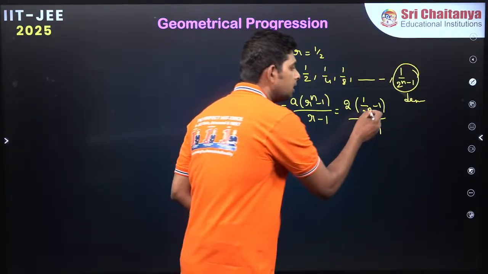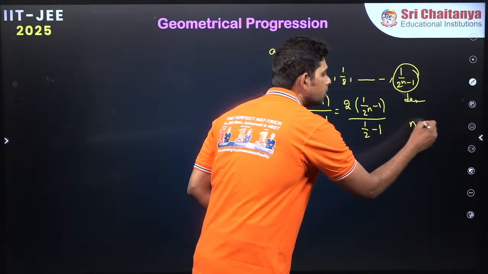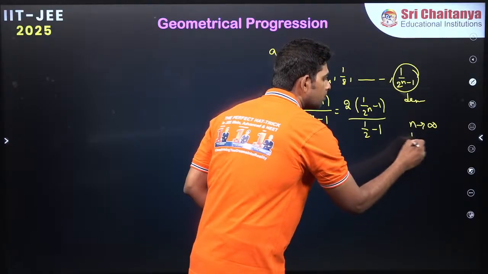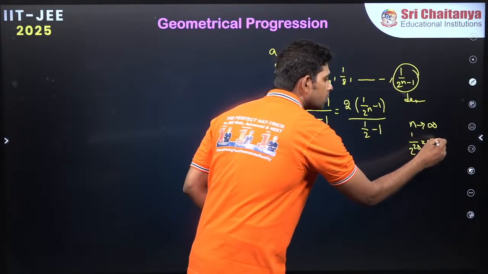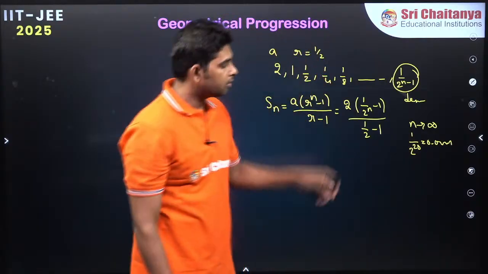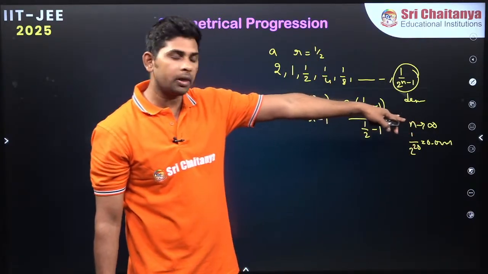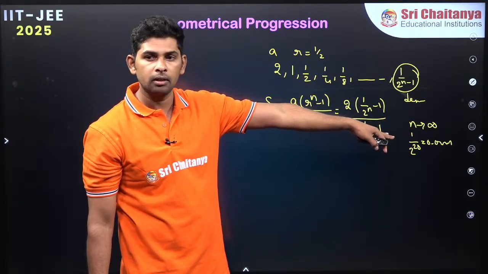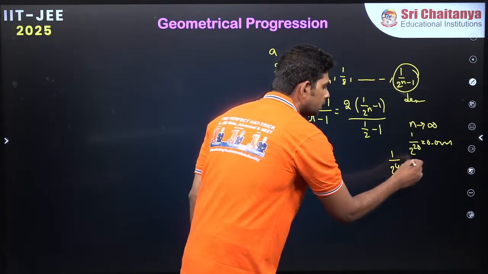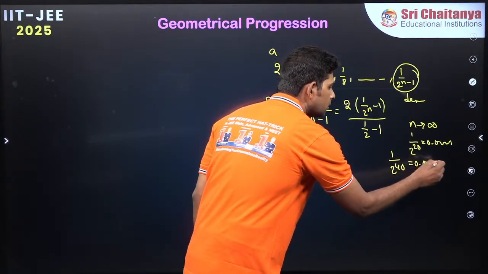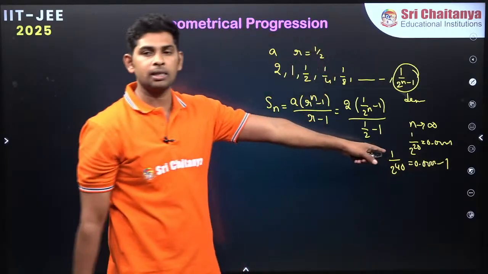So then n is tending to infinity. 1 by 2 power, let's say 20, is going to be 0.000001, like that, with many zeros after the decimal point. The same way, what if I take 1 by 2 power 40? That is also 0.0000, with many zeros after the decimal point.